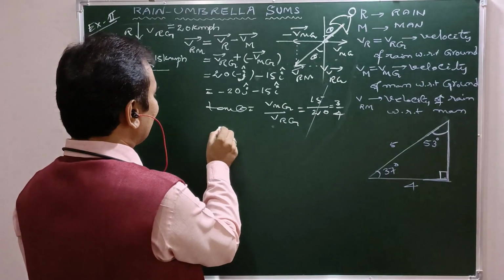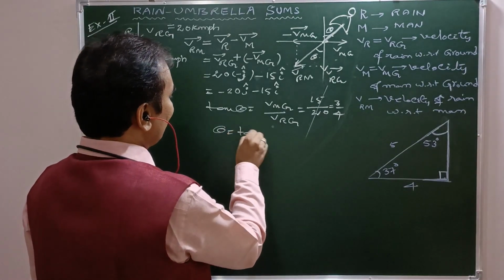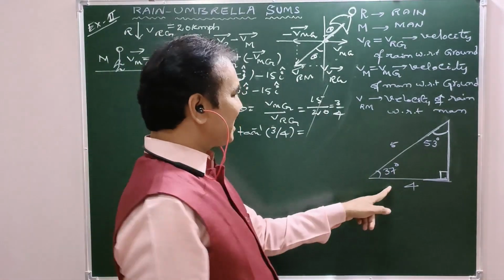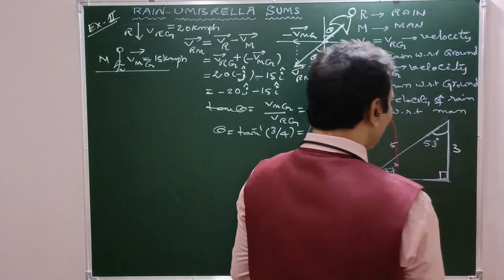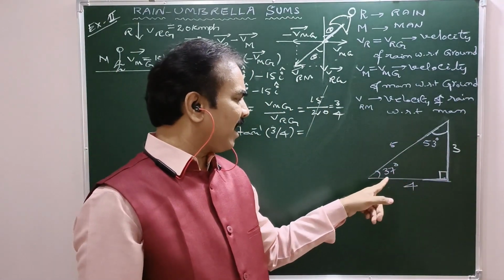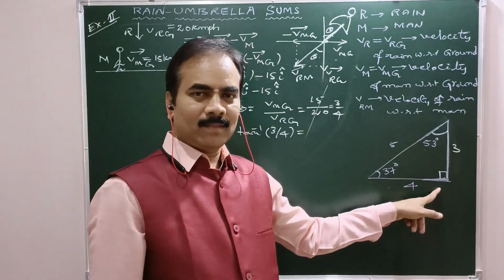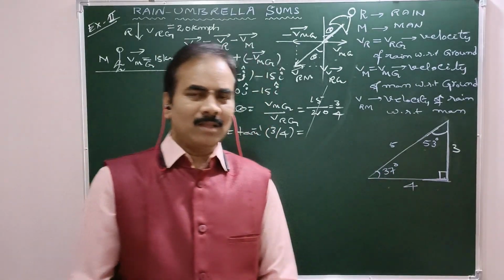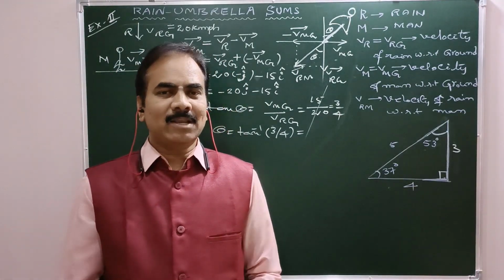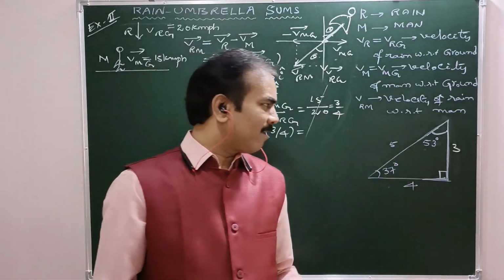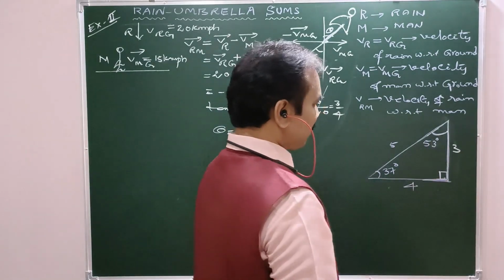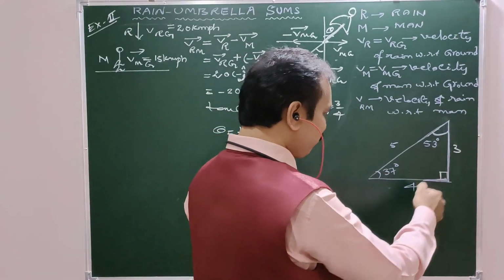Now theta equals tan inverse 3 by 4. That is tan 37 equals 3 by 4. See, we have the basic right angle triangle with vertex angles 37, 53, 90. In some sums, you won't be given tan 37, sin 37, cos 37. We have to be familiar with this proper right angle triangle with vertex angles 37, 53, 90 degrees. Now tan 37 equals 3 by 4.